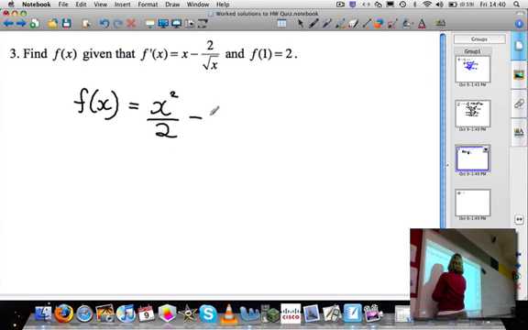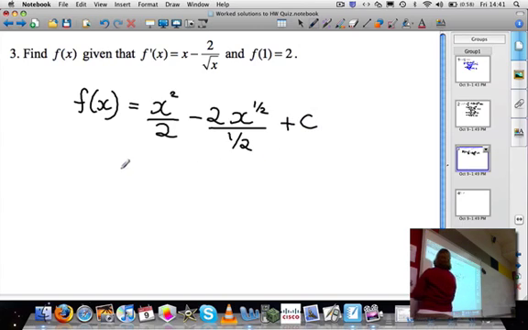Now this part, I've got 2. Here I've got the square root of x, and it's on the bottom of the fraction, so it's negative x to the 1/2. When I integrate that, it's x to the 1/2 divided by 1/2. Again, like the last question where we had it as a square root. Finally, we need the plus c in here.